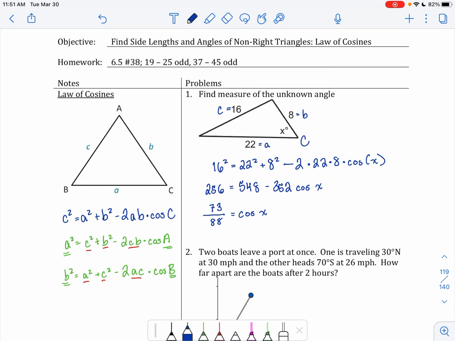I will then use my inverse cosine, so x is equal to cosine inverse of 73 over 88, which is equal to 33.948 degrees. I'm still in degrees because of the law of sines from yesterday. So if you're in different modes, make sure you're checking that. So the main thing with cosines, it's a more complicated formula, but once you've plugged everything in, just work through it, solve for the variable by itself wherever it is.